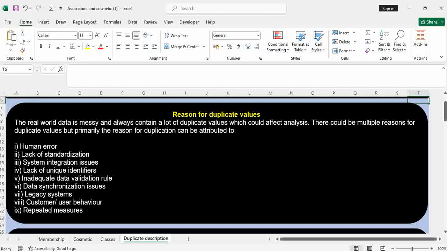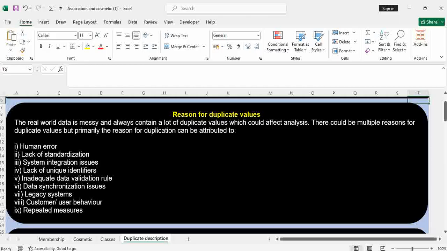Again, for example, if the system is not such a robust system, for example, it doesn't give you a way to look for whether this customer already exists. For example, when I go to open a bank account, I already have an account.